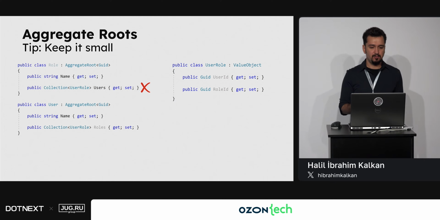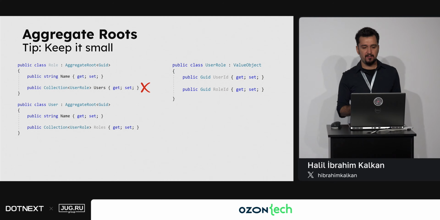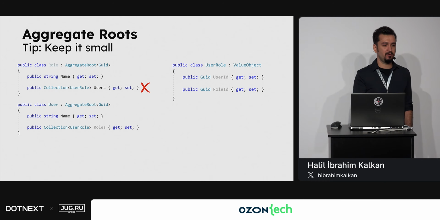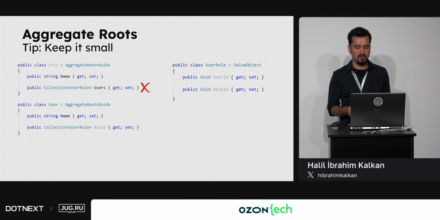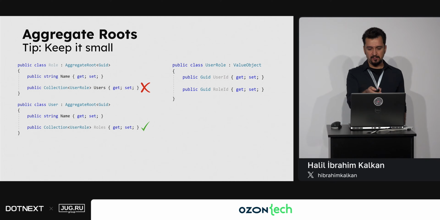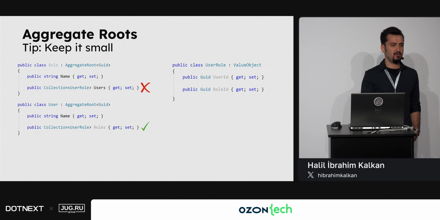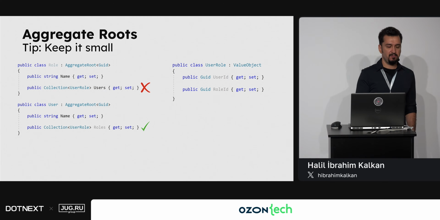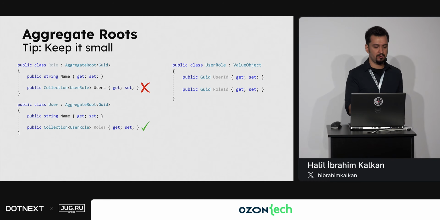If we want to change the name of the role, we don't have to load millions of users into memory. But for user, it's reasonable, because a user can have a few roles. Whenever we need to work on a user, maybe we want to know his or her roles. So it can be possible to add such a role collection.